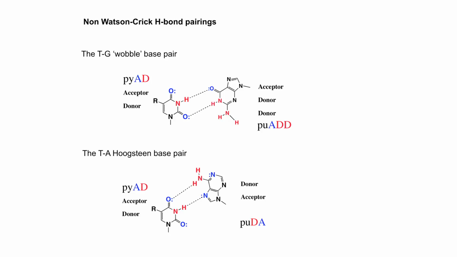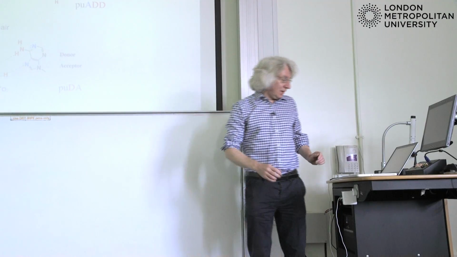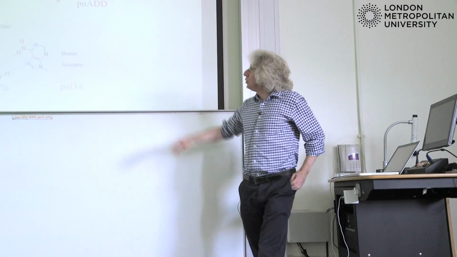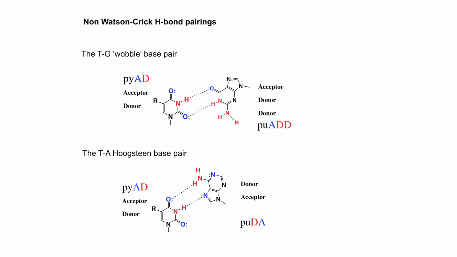Now, in addition to Watson-Crick hydrogen bonding, there are so-called non-Watson-Crick H-bond pairings. If you shift the G base down slightly, it forms a so-called wobble interaction held together by two hydrogen bonds with thymine or uracil.